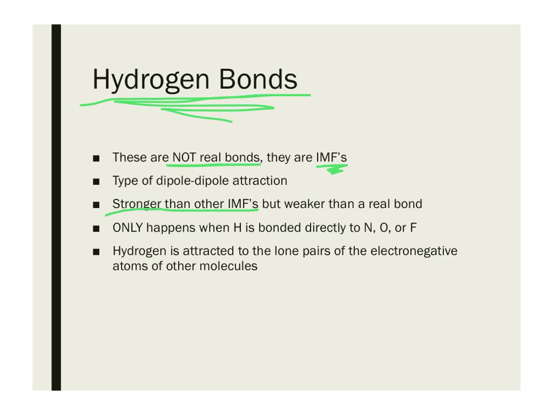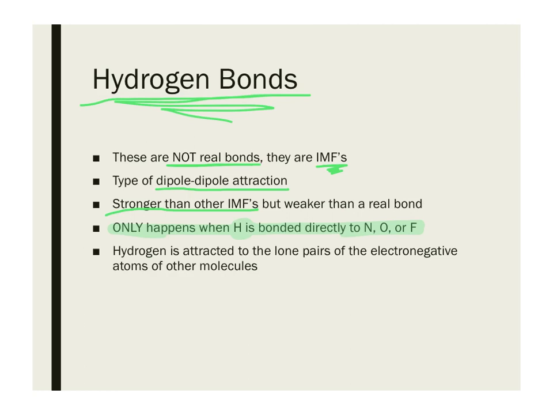It is a type of dipole-dipole attraction, but it's a very special type of dipole-dipole, and it only happens when hydrogen is bonded to nitrogen, oxygen, or fluorine. Only hydrogen to nitrogen, hydrogen to oxygen, hydrogen to fluorine: an HN, HO, or HF bond has to be present in order for hydrogen bonds to occur.